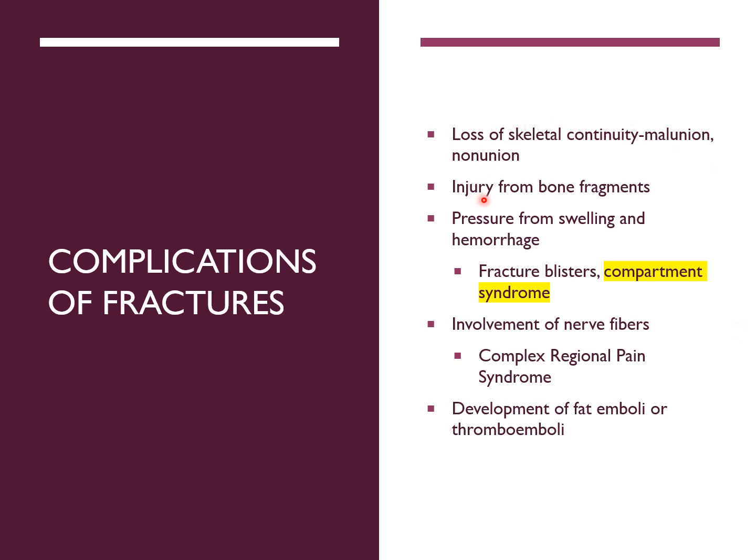We can also get injury from bone fragments at the site of fracture. So if a segment of bone breaks off and embeds itself, maybe in some soft tissue around the area, that can cause further delay or problems with healing. Another complication of fracture, and we'll talk a little bit more about compartment syndrome specifically, is different injuries or complications that can be caused by pressure around that site.